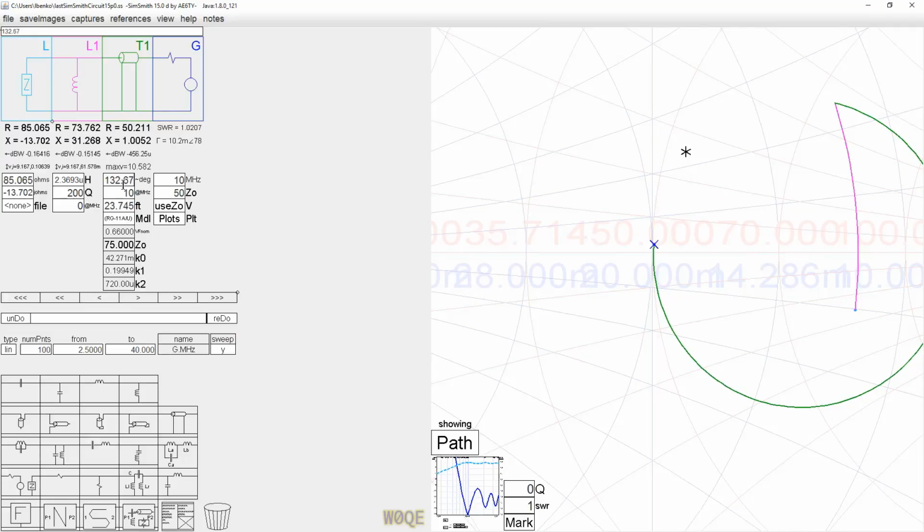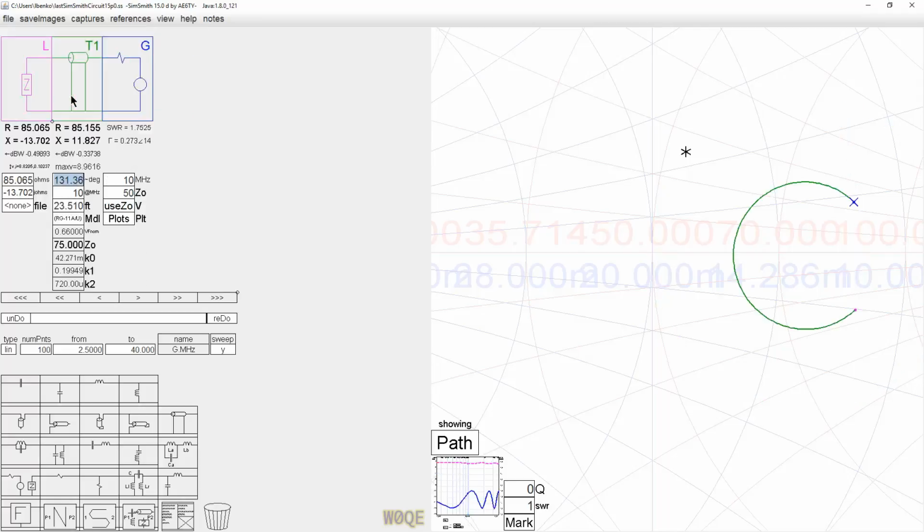SimSmith will give you the same answer it gives me. It just may take you a few minutes longer to get it. In this case, this is one way to match it. It's not the only way. Inductors are nice. You can mount an inductor outside. It can be self-supporting. You can wind it with heavy gauge wire. It's self-supporting. Across the antenna terminals would be a good solution.